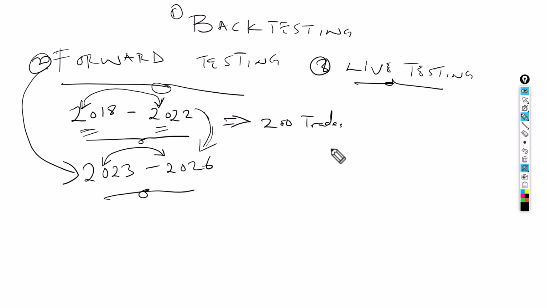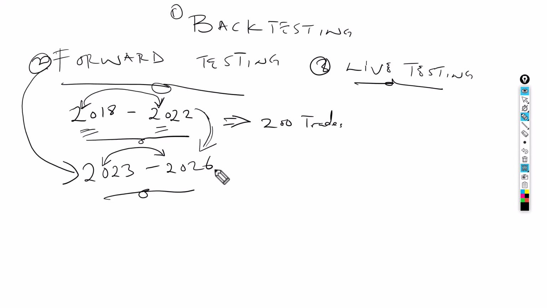So for example, I'm using the trading strategy that we talked about a couple of classes back. For the backtest from 2018 to 2022, I think I took roughly 200 trades, give or take. And look at what we have here: from 2018 to 2022, this is like 4 years, so it's almost as if we're taking 50 trades per year.